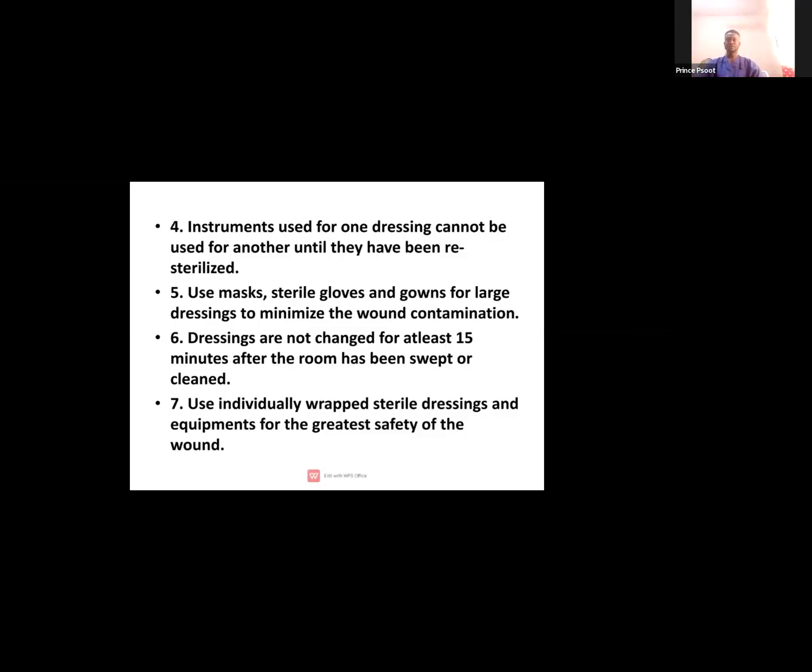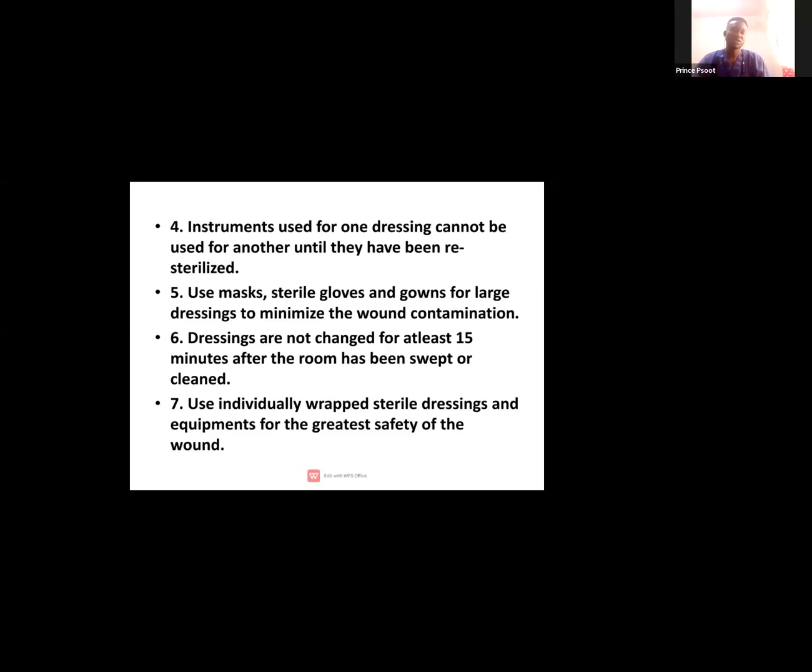Now, instruments that are used for dressing cannot be used for another patient until they are sterilized. You have 10 patients and you want to quickly do your wound dressing.